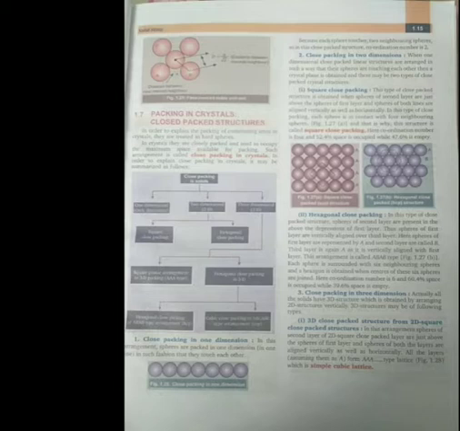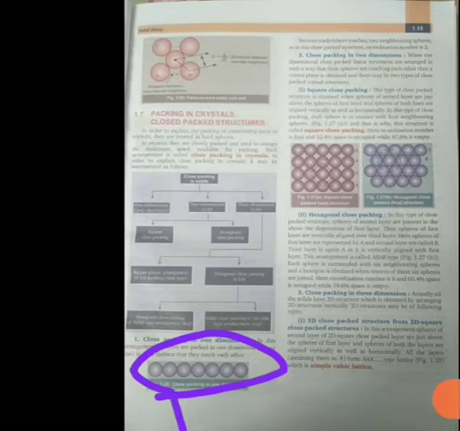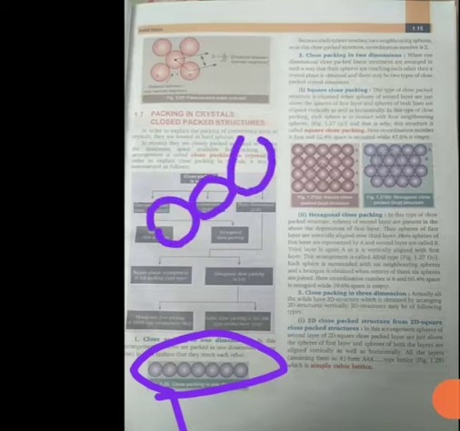So students, if we are talking about the one dimensional, we have to draw the spheres in such a manner that they touch each other. You can see in this diagram that the spheres are packed in one dimension, in one line, and they touch.